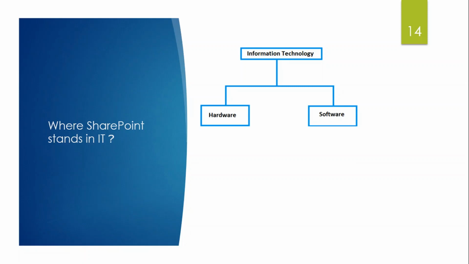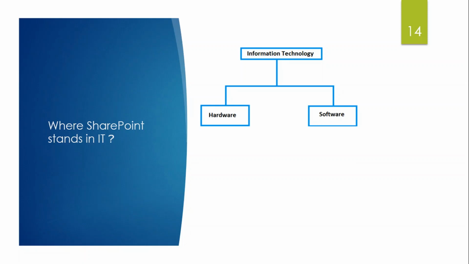Information technology is a wide field that includes many branches. I will just go over the few main branches so that I can show you the roots of SharePoint in IT. As you can see on the screen, we can divide information technology into two main branches, hardware and software.